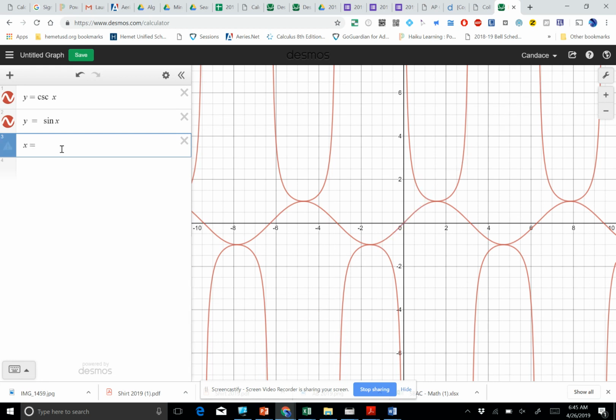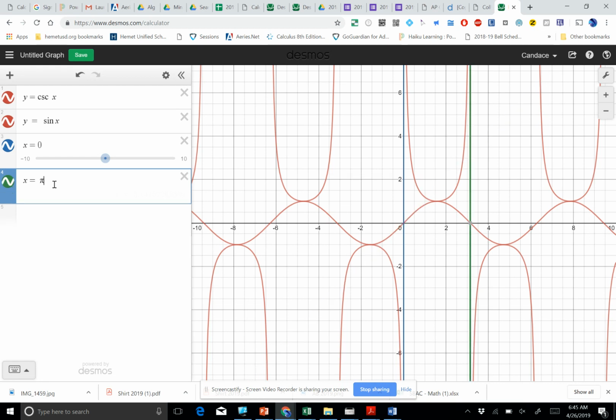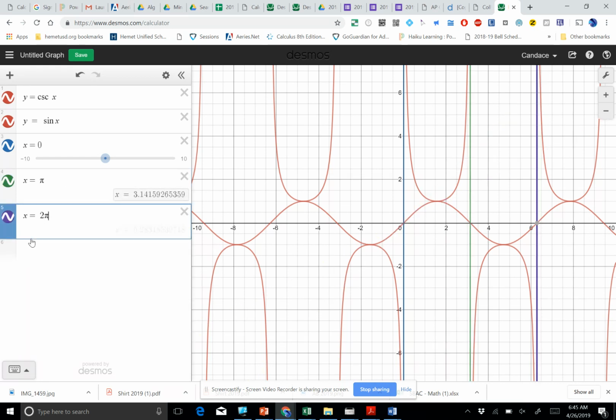So if I looked at those places, x equals 0 is one of them, x equals pi is one of them, x equals 2 pi is one of them. And you'll notice that those values are the asymptotes in between where those flips are occurring. Those are also the zeros on the x-axis where sine is crossing.